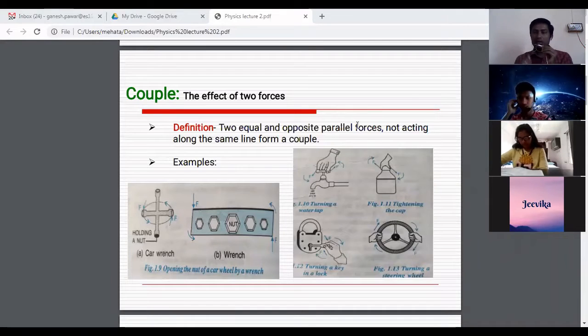Now, when we calculated the moment of force, have we considered the effect of both the forces, or only one force? Only one force. And why have we done that?